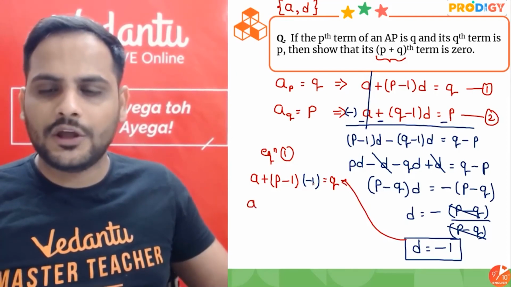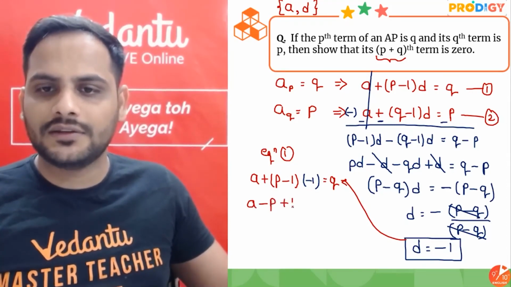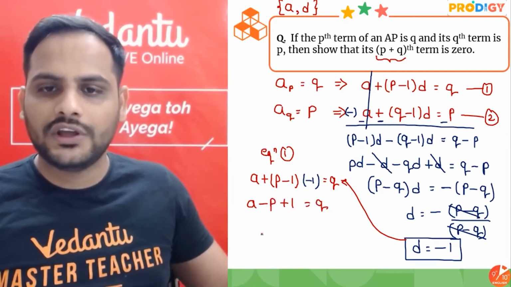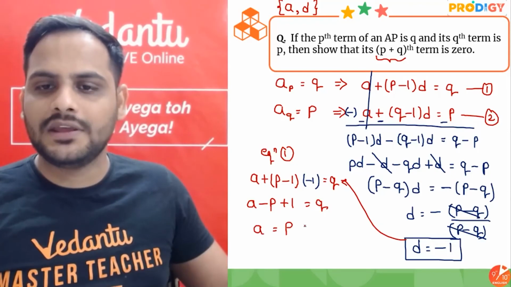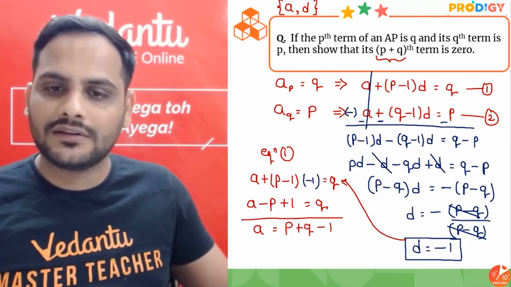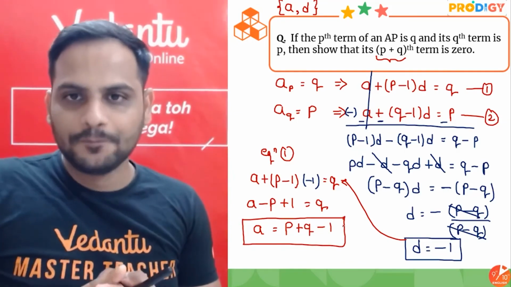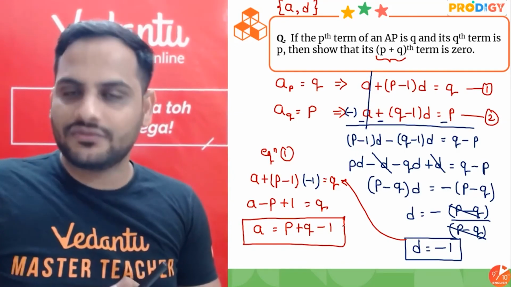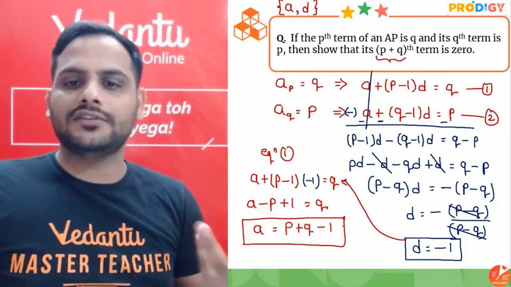So I can say A, now minus 1 into P is minus P. Minus 1 into minus 1 is plus 1, is equal to Q. So I can say A is equal to minus P, shifted there will become plus P. Plus Q was already there. 1 shifted there will become minus 1. Alright. So I have got the value of A, which is P plus Q minus 1, and D, which is minus 1. Now don't be afraid, sir, A is in terms of P and Q.